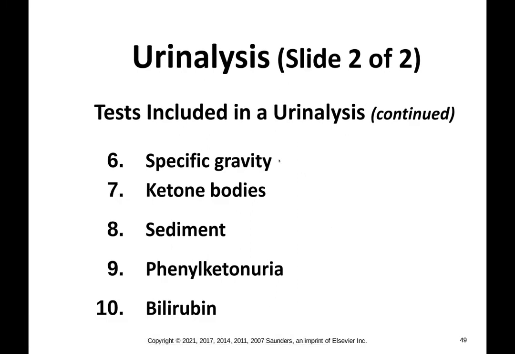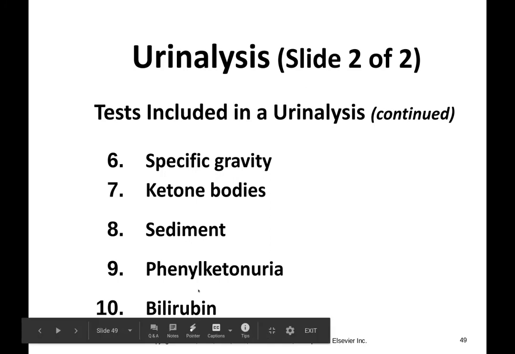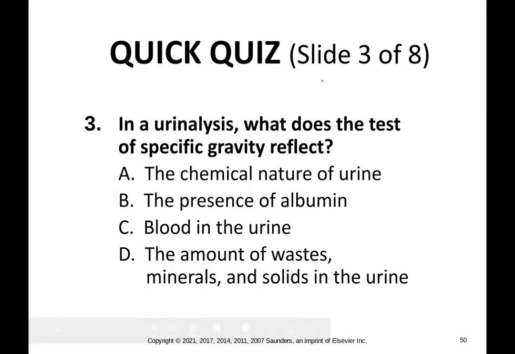Also, the specific gravity is checked, so that has to do with the concentration level of solids versus liquid. Ketone bodies, we measure the number of ketones in the urine. Sediment, which is more to do with the solids. And then phenylketonuria. And then bilirubin. Those are all things that we look for in the urinalysis.